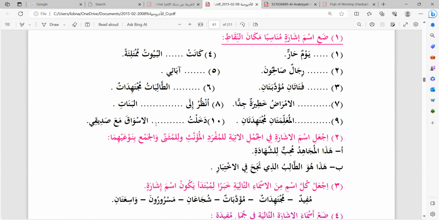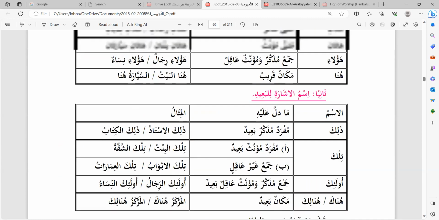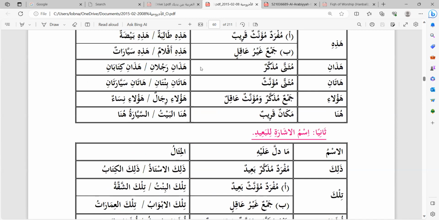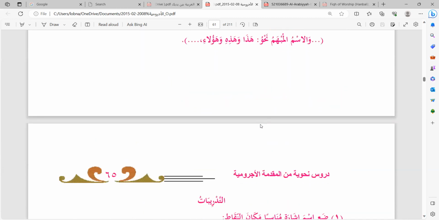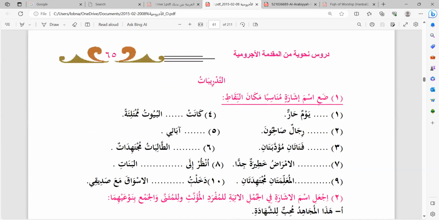Tilka is those shops. So if I want to say these shops, something that's close by, you'll say هذه الأسواق. So here they're saying هذه الأقلام, these pens, to indicate the plural for غير عاقل. So if you want to indicate something that's close by, you would say دخلت هذه الأسواق مع صديقي.